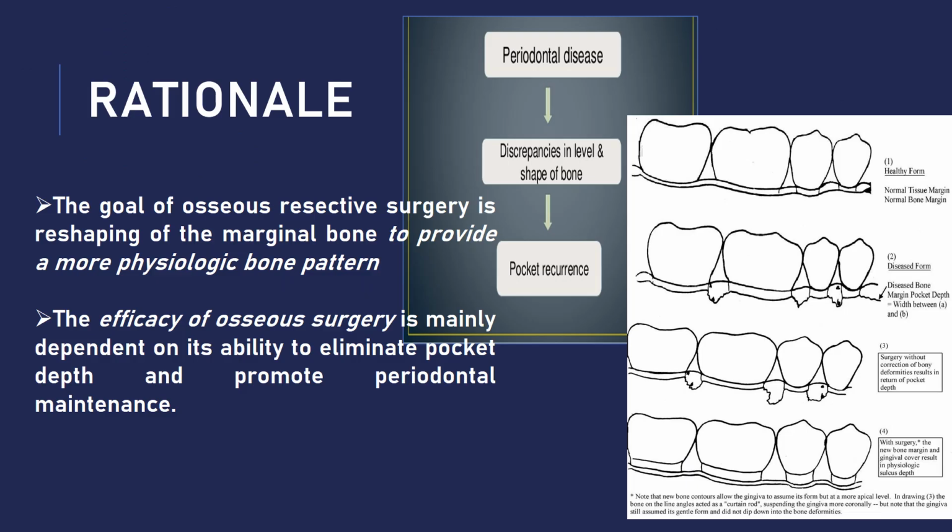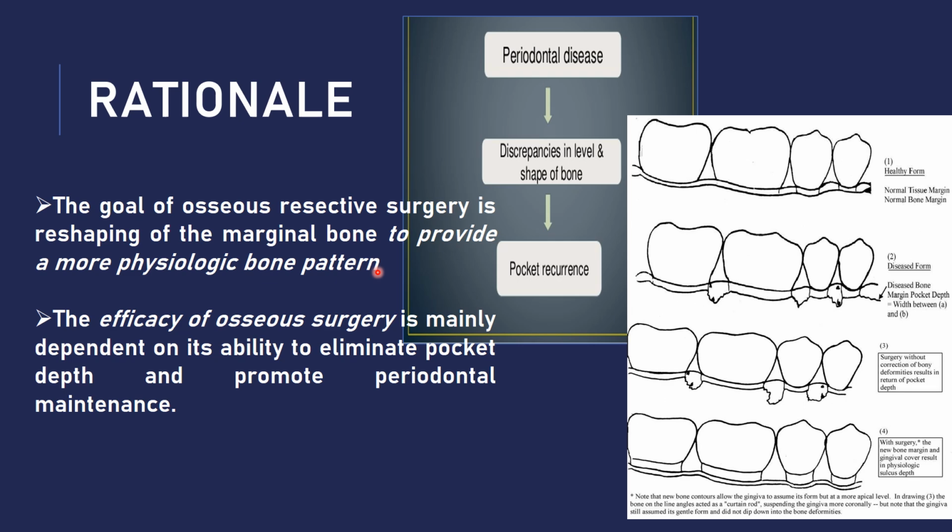So coming to the rationale of osseous surgery, as you know, the main goal of osseous resective surgery is to reshape the marginal bone to provide a more physiological bone contour. So why do we need to do this reshaping? The gingival contour is closely dependent on the contours of the alveolar bone, as well as the proximity and the anatomy of the adjacent tooth surfaces.